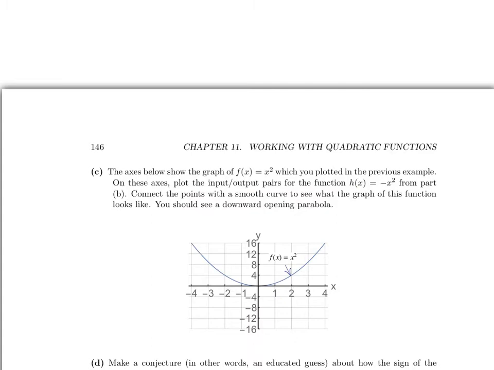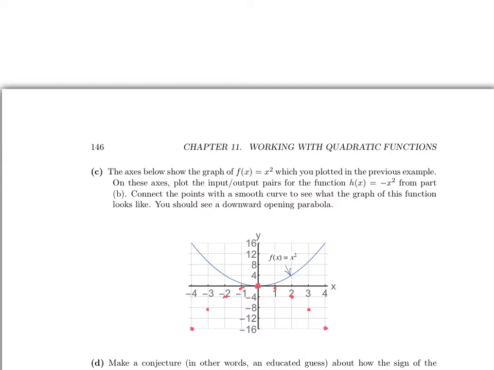Our input-output pairs from the previous page were 0, 0, so that's this point right here, -1, -1, which should be about here, 1, -1, -2, -4, 2, -4, -3, -9, should be about here, 3, -9, which should be here, and -4, -16, and 4, -16.